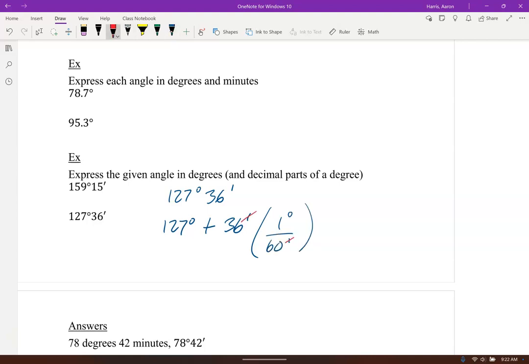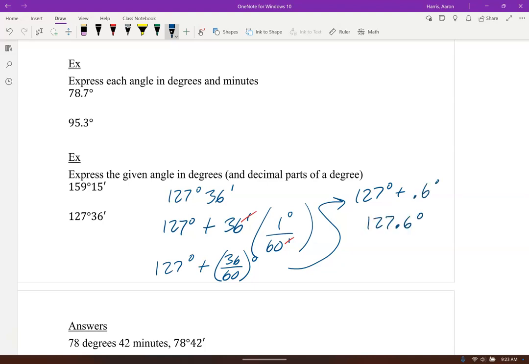Notice my minutes cancel, so I have 36/60. 127 degrees plus 36/60 degrees. Now I punch in 36/60, and I get 0.6 degrees. So 127.6 degrees.